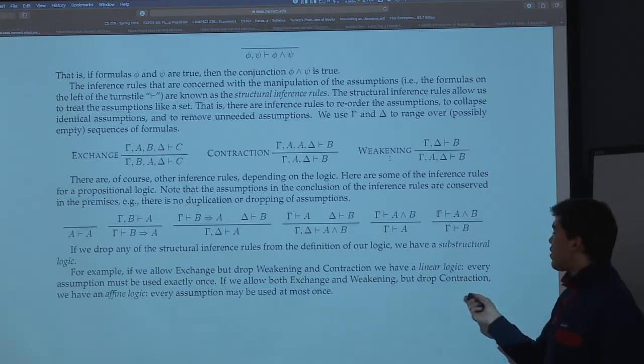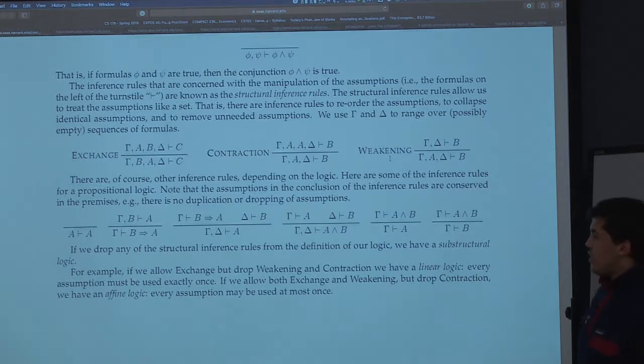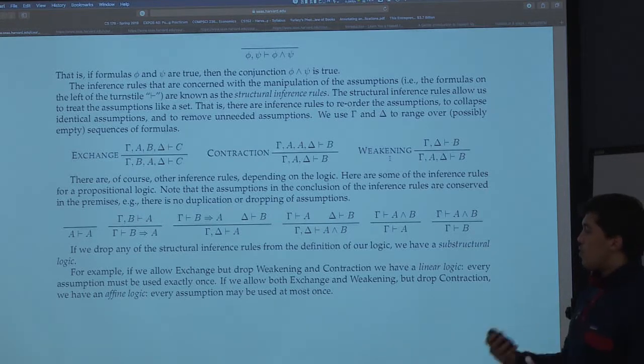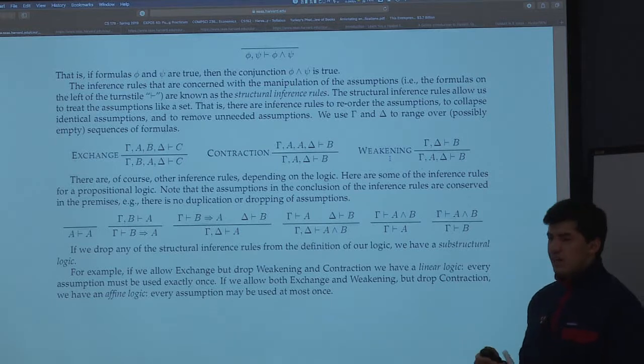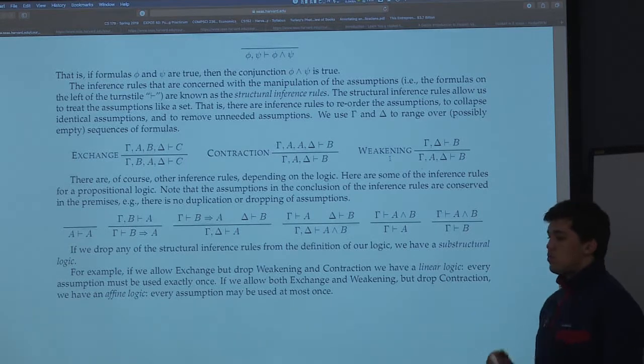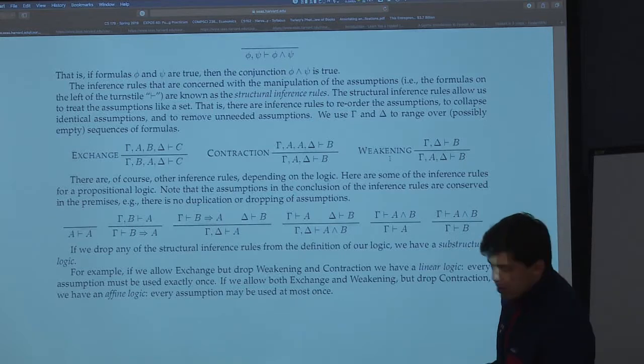What this results in is a system, a world, where every assumption you make must be used once. It's not that it can't be used, or it doesn't have to be used, or it has to be used more than once. No, whatever assumption you make, you have to make use of it once, but just once.